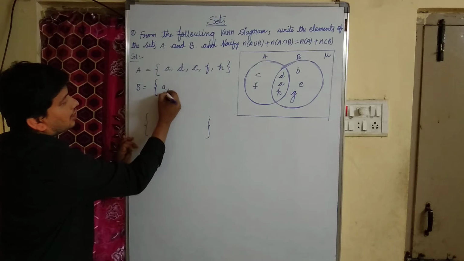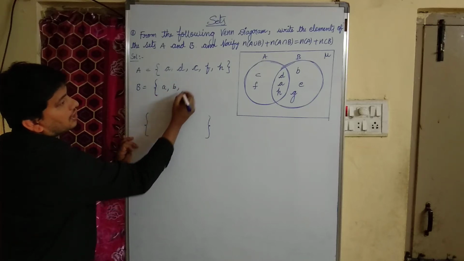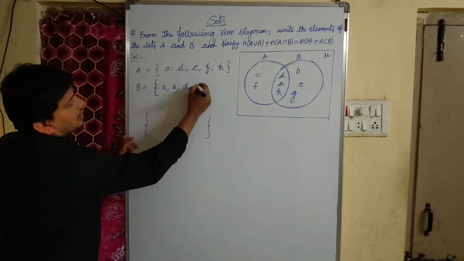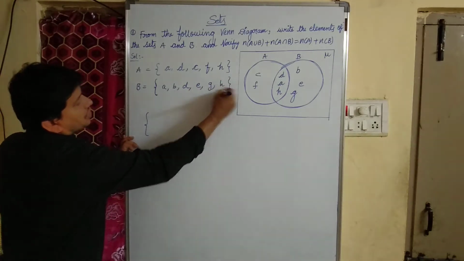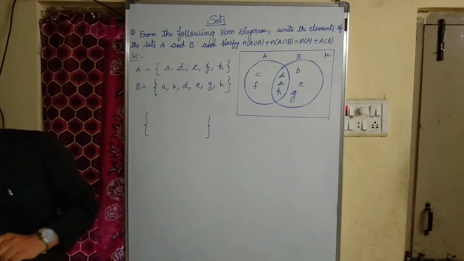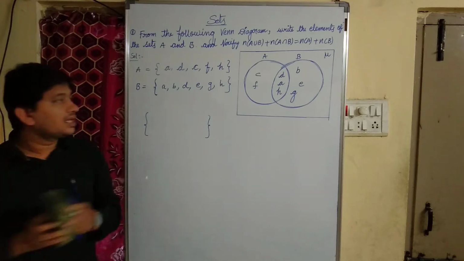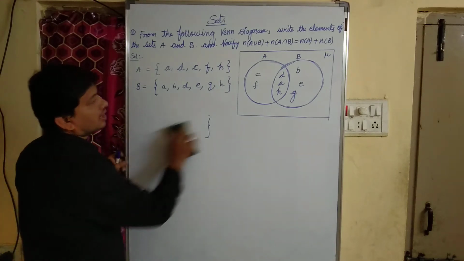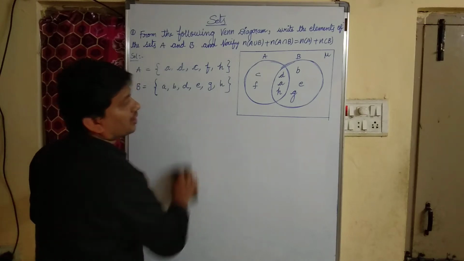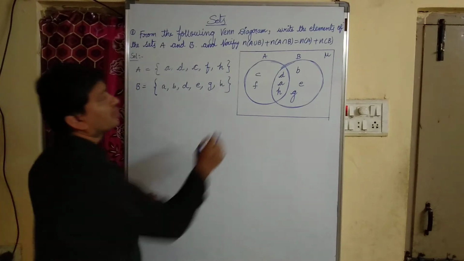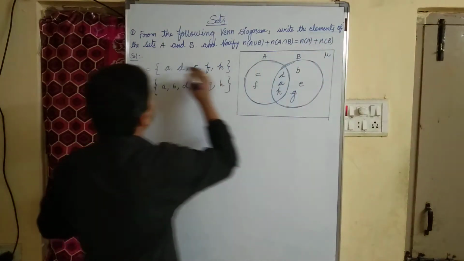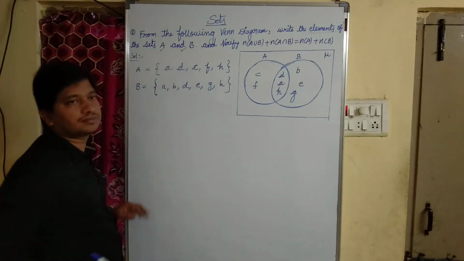So a, comma, b, comma, d, comma, e, comma, g, comma, h. Elements in set B are a, b, d, e, g, h. So the first question is: write the elements of set A and set B.